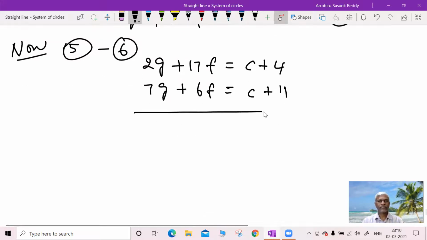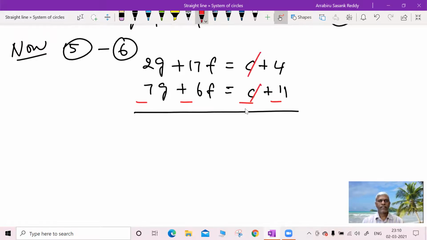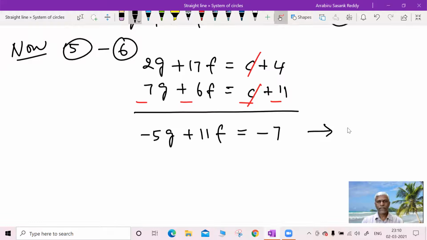Subtracting them, C will get cancelled. Minus 7 plus 2, minus 5G, 17 minus 6, plus 11F is equal to 11 minus 4, that is 7. Let it be equation 8.